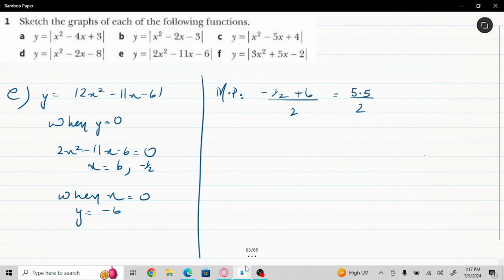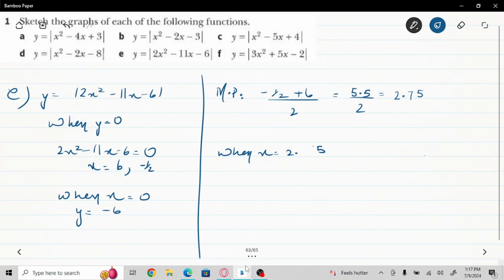And that's going to be, let me see this. 2.75. Okay, 2.75 when x equals 2.75. 2.75, sorry, not 2.25.